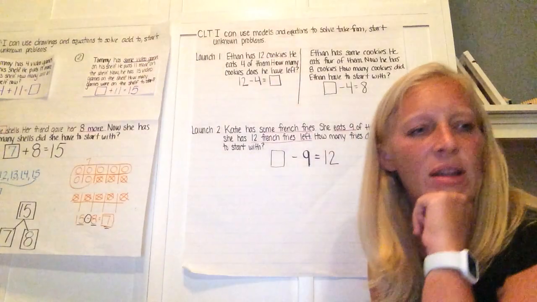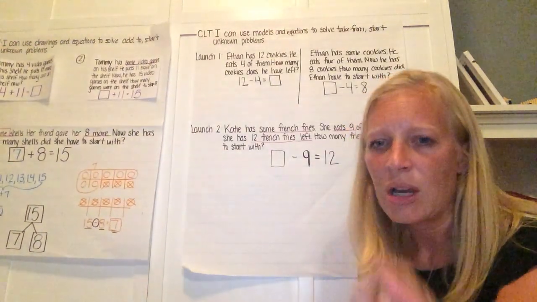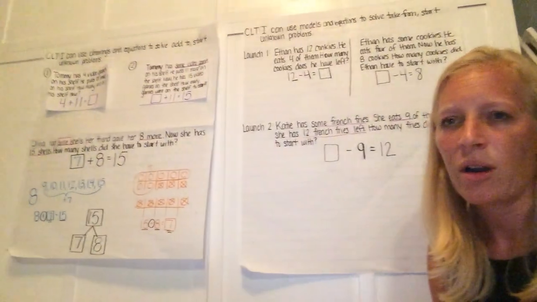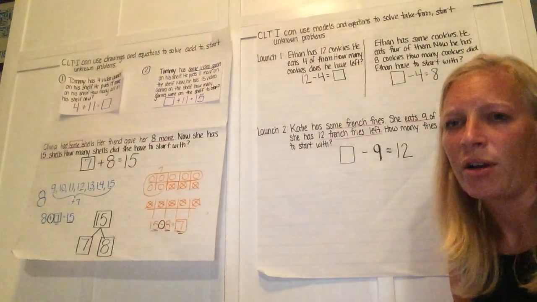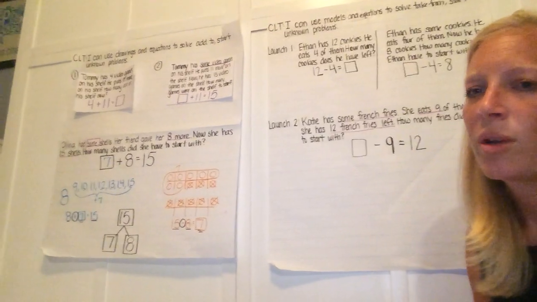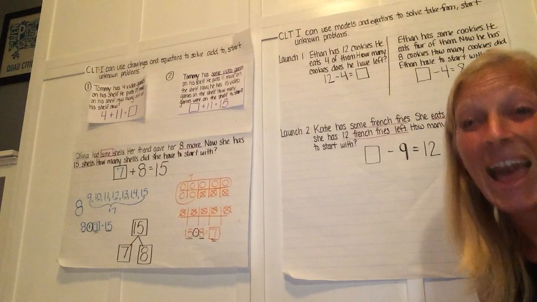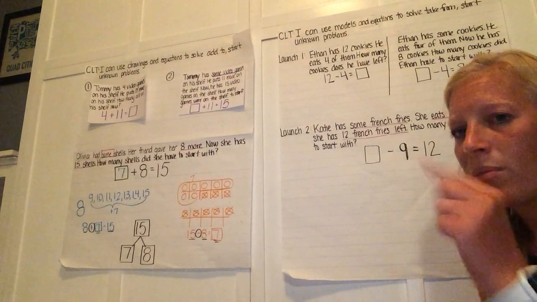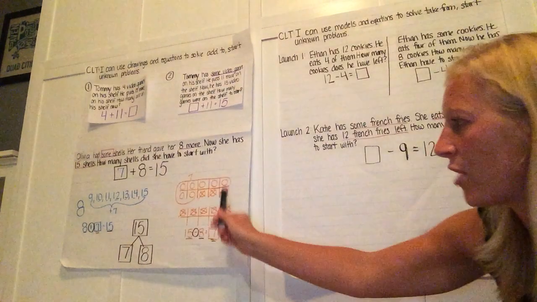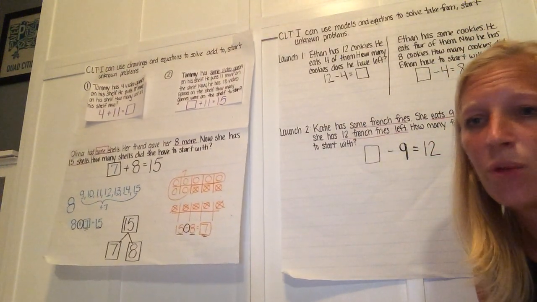So we're going to have a few minutes to show our thinking for this. And friends, I want to remind you to take a peek at our public record from yesterday. Yesterday we knew we had a start that was unknown. We added, but we actually had friends that either added or subtracted to help us solve for that unknown.